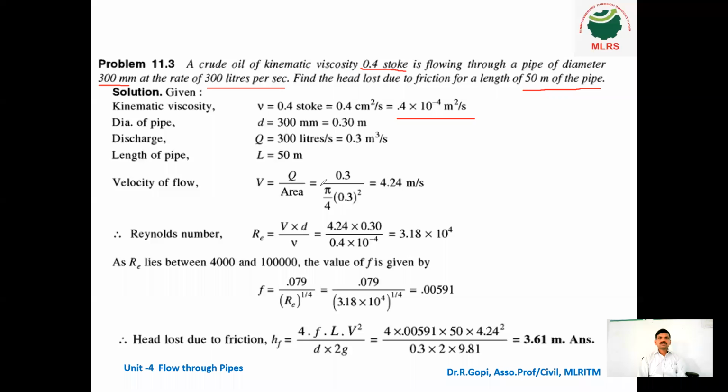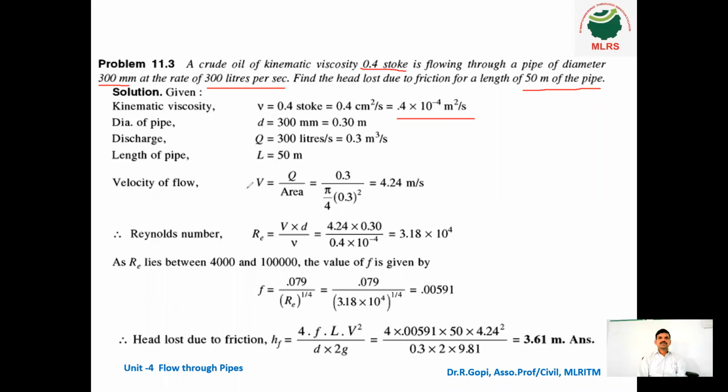We have to convert stoke into meter square per second, which means we must multiply by 10 power minus 4.